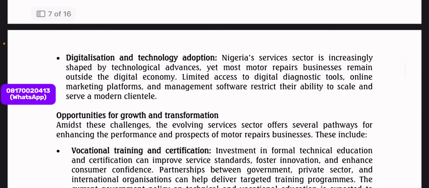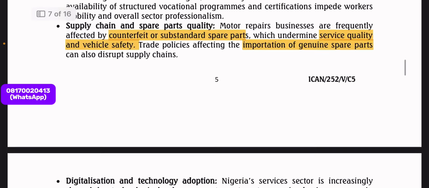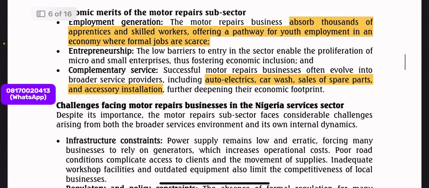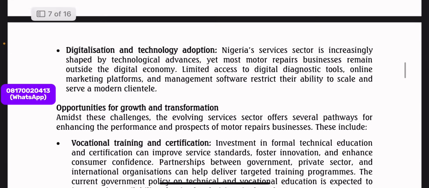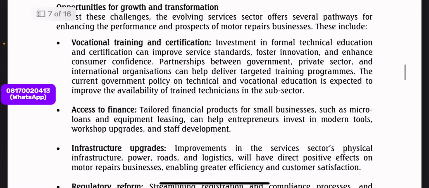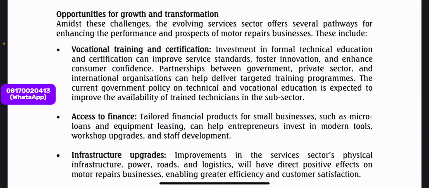Then I want to say something here. We're going to talk about the opportunities shortly. They gave us information about the challenges, and they also told us about the opportunities. Now, many students are saying, oh, SWOT analysis, you must do SWOT analysis. Please, if they do not ask you to do SWOT analysis in the unseen, don't do it.